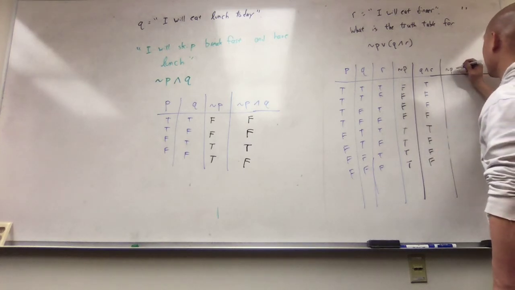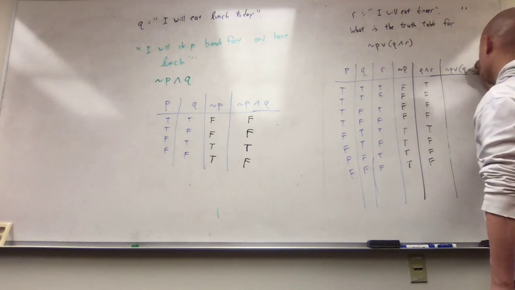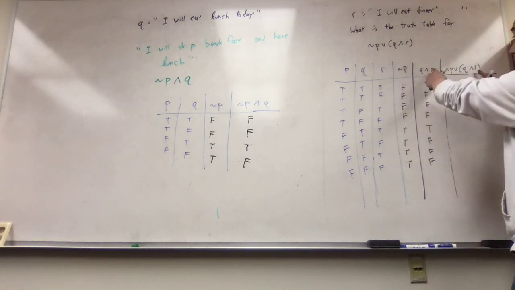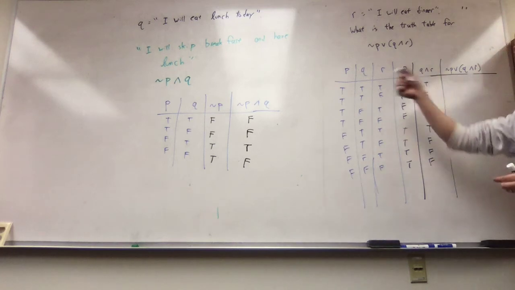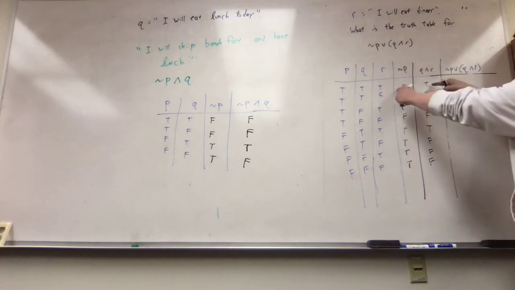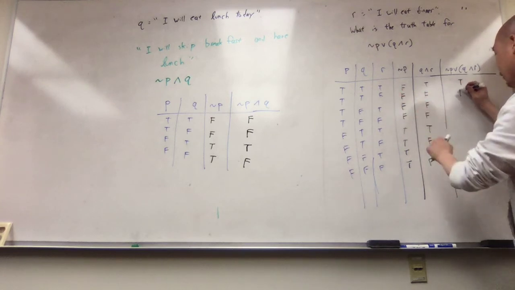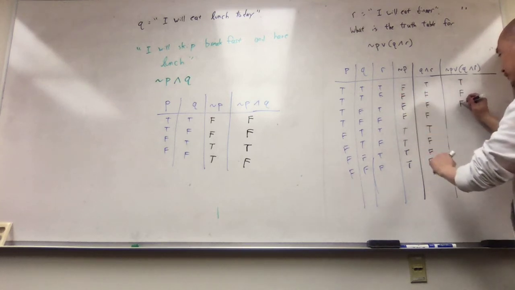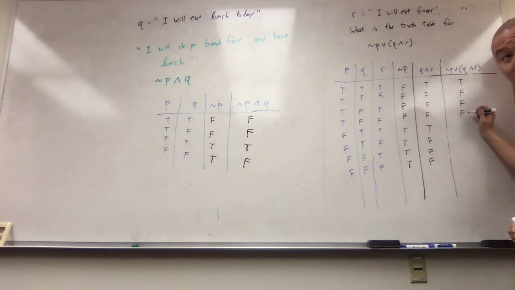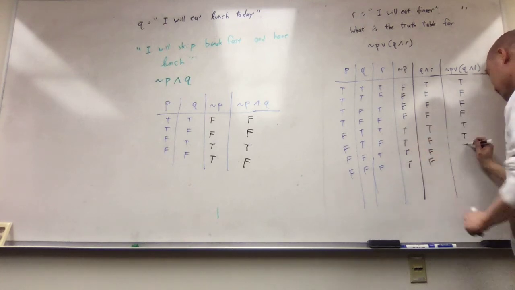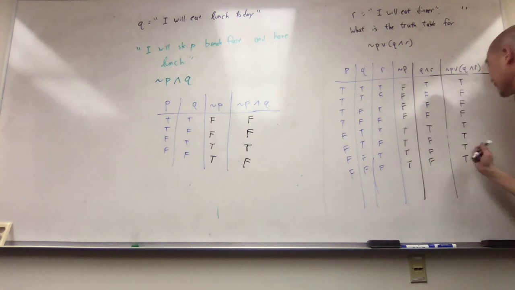So not P or Q and R. We will look at not P, we will look at Q and R, and it's true whenever either of them are true. So because this one's true, true, they're both false, so false, they're both false, so false, they're both false, so false. They're both true, so true, this one's true, this one's true, this one's true. So this would be the truth table for not P or Q and R.